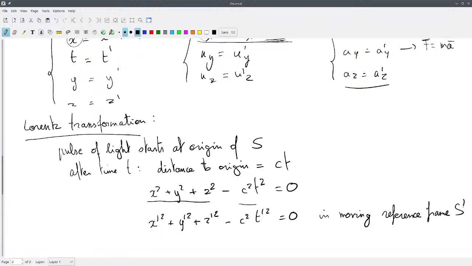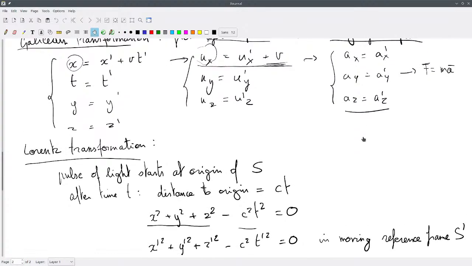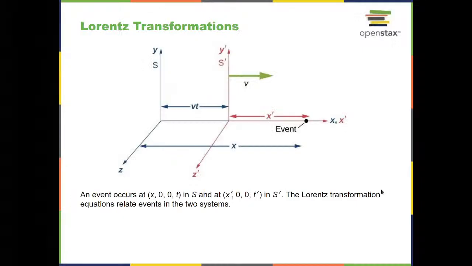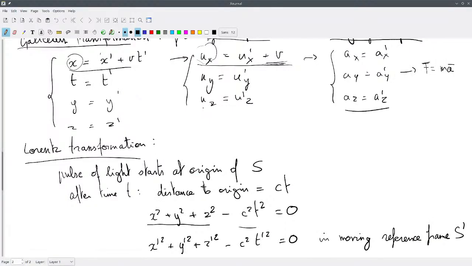What we're assuming here is that at time t equals 0, the reference frames have an origin that agrees with each other. And of course, that's similar to what we did in the Galilean transformation. At time t equals 0, there's no difference between the two reference frames.